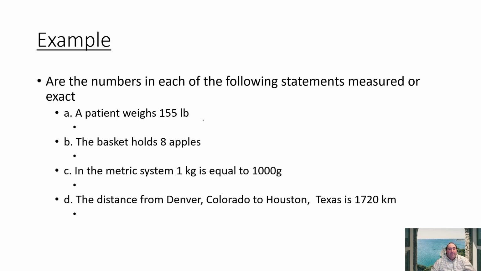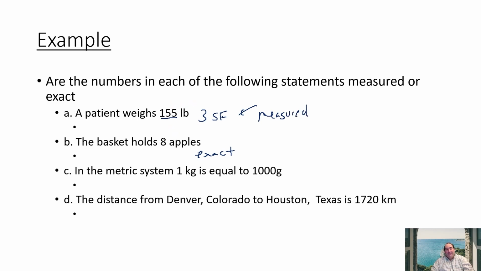Taking a look here to finish up, talking about some significant figures, 155, those are all going to be significant. That is 3 significant figures. A basket of 8 apples, that's something that you count, which means it's going to be an exact number. By the way, if you weighed a patient, that would be a measured number. I guess I should read the question.